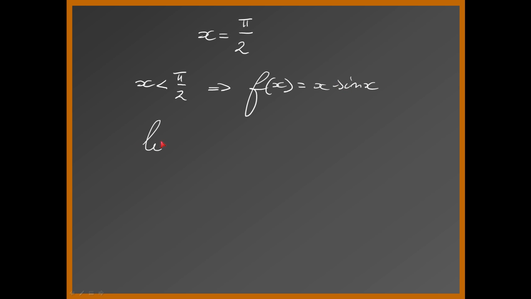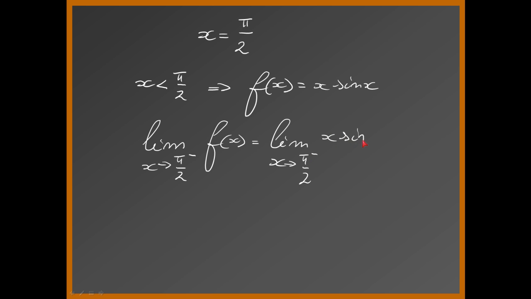The third boundary point is x equal to pi over 2. When x is less than pi over 2, the function f of x will be equal to x times sine x. This means that the limit as x approaches pi over 2 from the left of f of x will be equal to the limit as x approaches pi over 2 of x sine x.